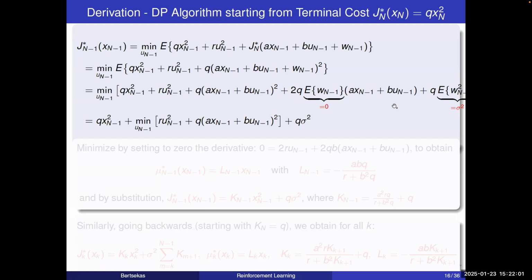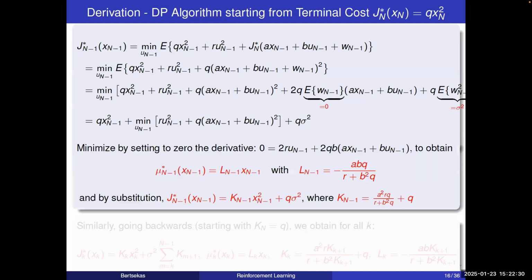So now we have to do this minimization of this term here and add the constant term. This does not depend on un minus 1. The stuff that depends on un minus 1 is this here. And it's a quadratic minimization. Quadratic minimizations are easy to do. How do we do them? We take the derivative of the expression, set it to 0, and then solve for the minimizing variable.